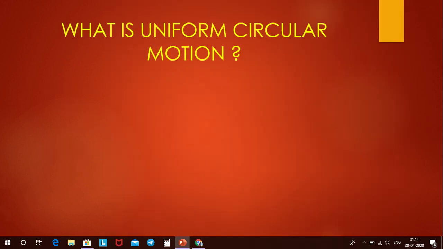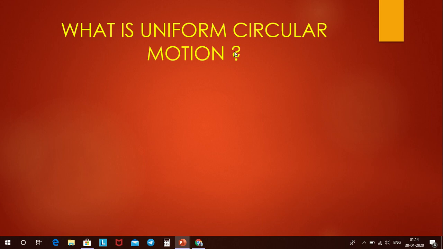Now, let us see what is uniform circular motion. Can you see that there are two different terms? First term is uniform and the second part is circular motion. Here uniform means we are talking about uniform speed.